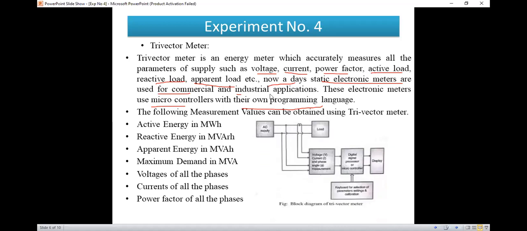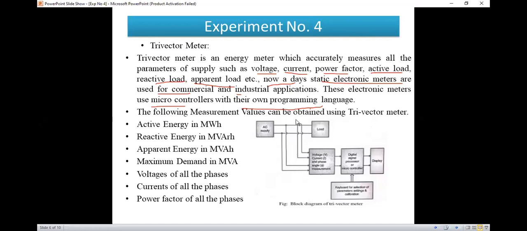Okay, see here, this is the block diagram of this tri-vector meter, if it is equipped with a digital processor or it may be a microcontroller. See here, the AC supply is given, and here the load is there. That means between the supply and any load it should be connected. How is it connected? See, one terminal is the voltage terminal, then the current terminal, and the phase terminal.